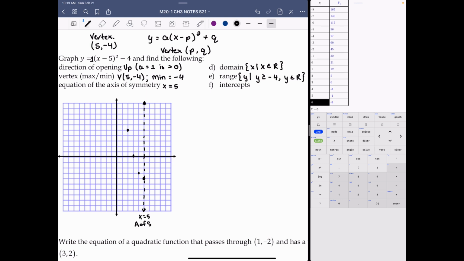We already had that, that's our vertex. When x is 6, y is negative 3. When x is 7, y is 0. When x is 8, y is 5. Join those points together. And there's our graph of y equals (x minus 5) squared minus 4.